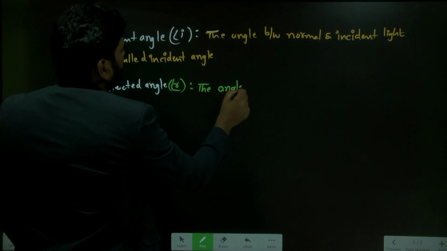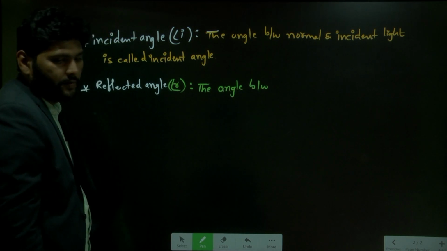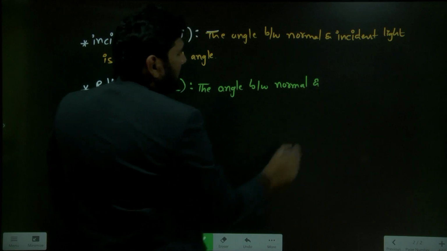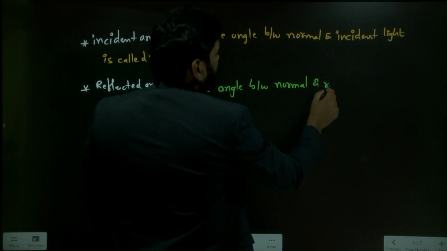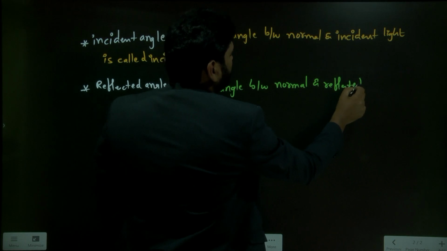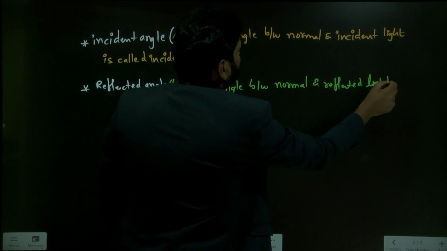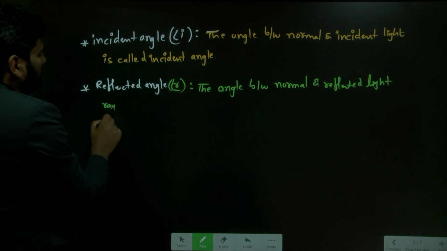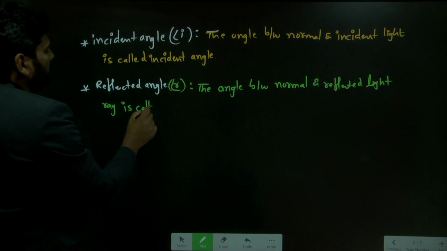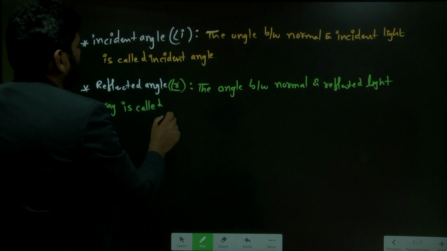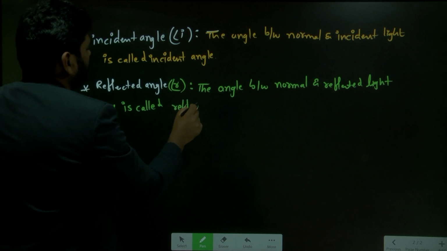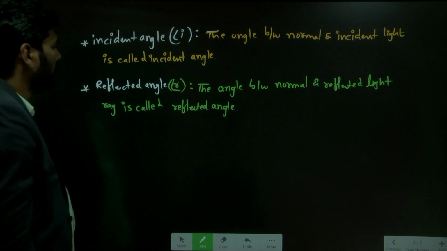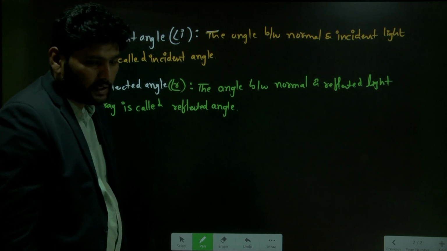The angle between normal and reflected light ray is called the reflected angle. The angle between normal and reflected ray is called what kind of angle?